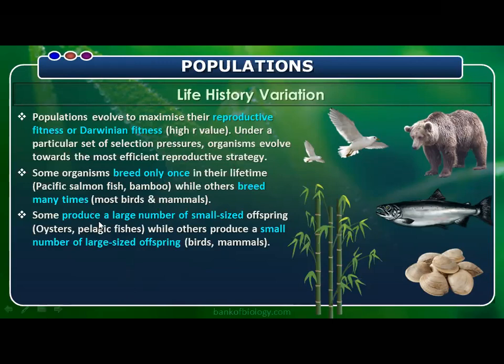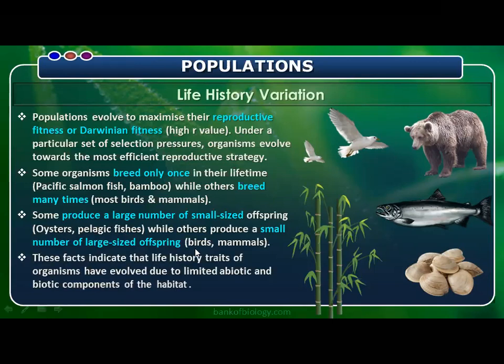Some produce a large number of small-sized offspring, like oysters and pelagic fishes, while others produce a small number of large-sized offspring, birds and mammals. These two statements are very important. These facts indicate that life history traits of organisms have evolved due to limited abiotic and biotic components of the habitat.